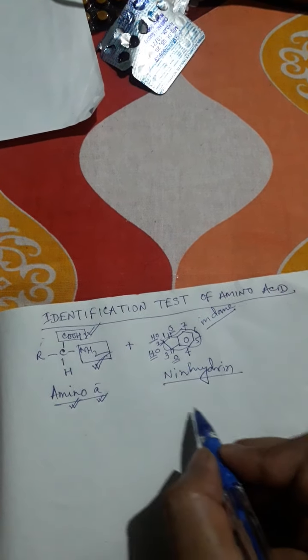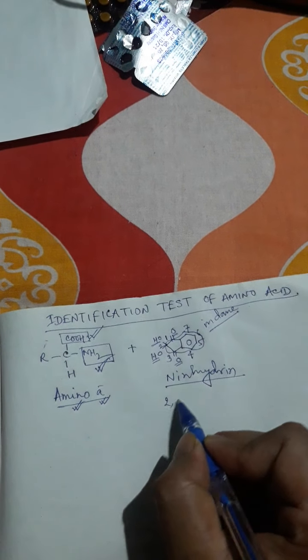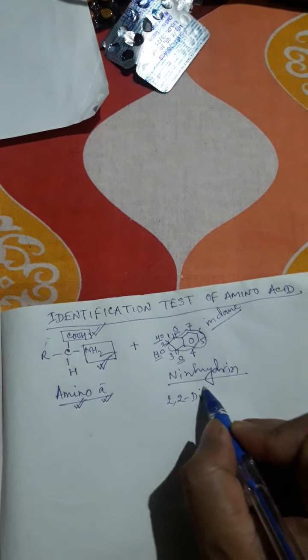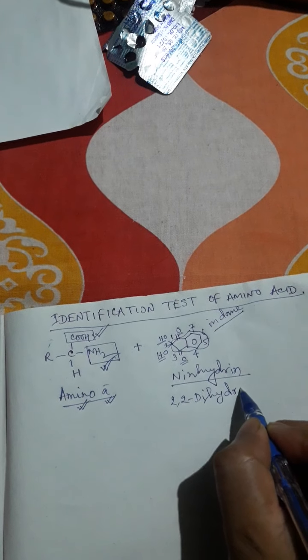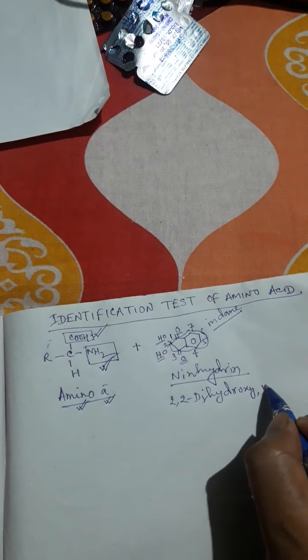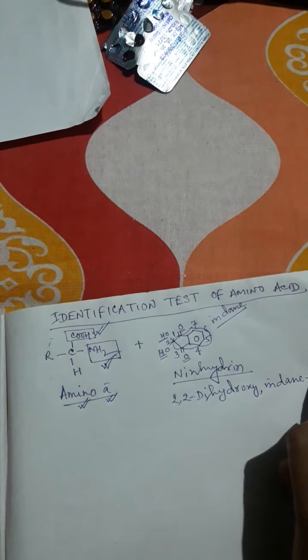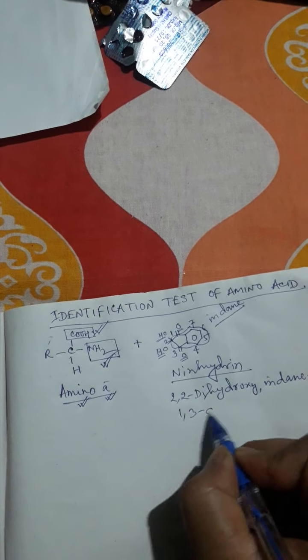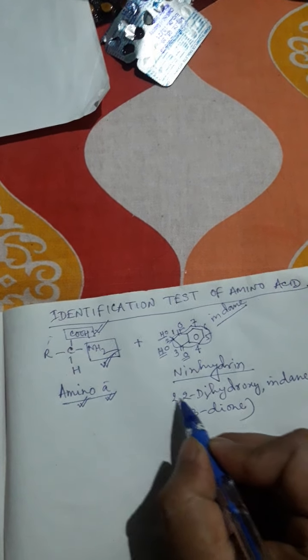So what will be the name? You write 2,2-dihydroxy indene-1,3-dione. So this is the chemical name of ninhydrin.